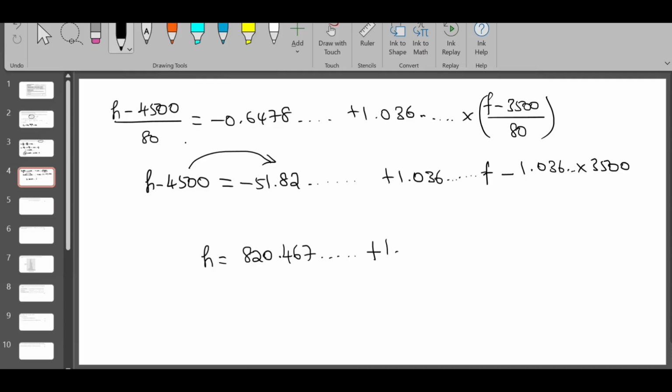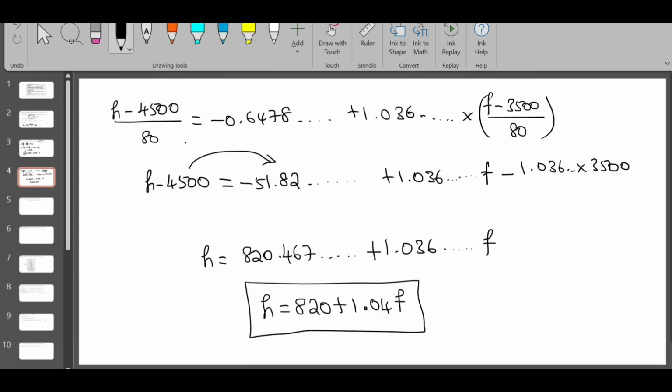So F is 1.036 F. So if you round it to three significant figures, H is 820 plus 1.04 F. That's the required regression line of H on F.